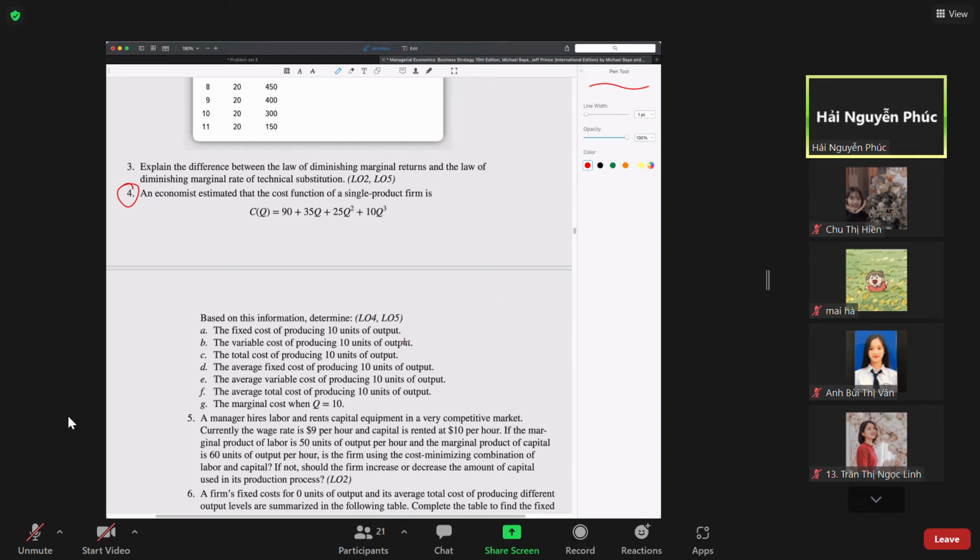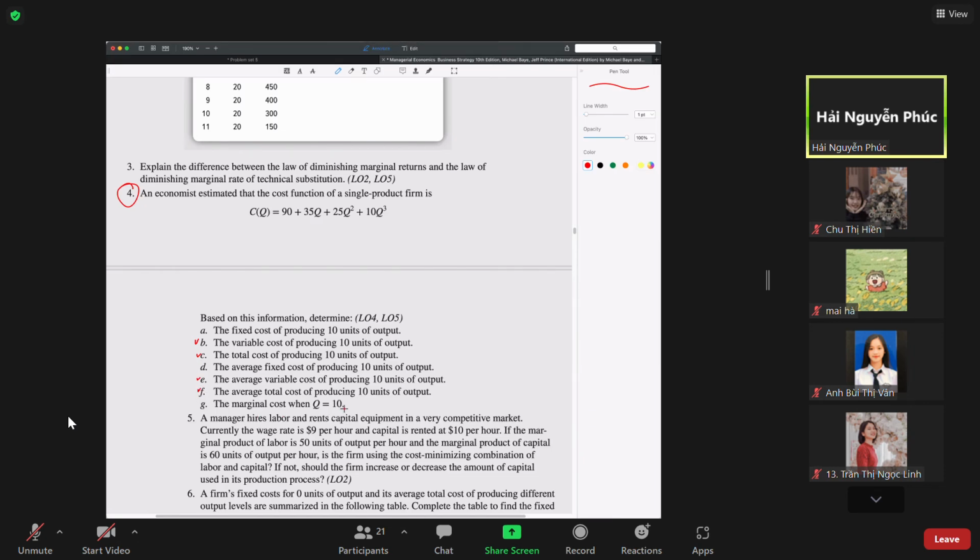You take the answer from question B, and you divide by 10. You are going to have 1,285, right? The average total cost of producing 10: you take the answer from question C and divide by 10, right?